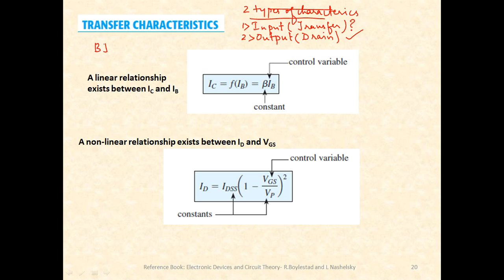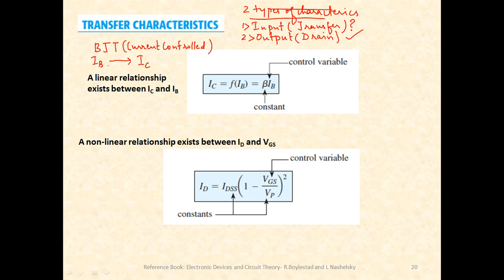A BJT is a 3-terminal device: emitter, base and collector, and a BJT is a current controlled device. When we say current controlled, which current actually controls which current? The base current, which is the input current, usually controls the collector current, which is the output current.